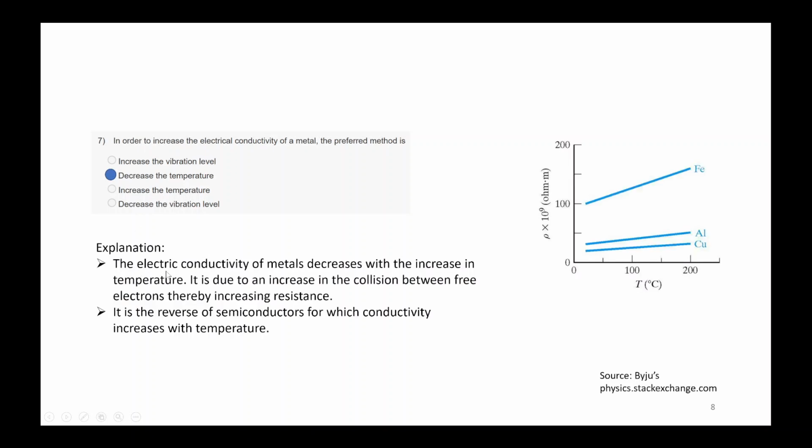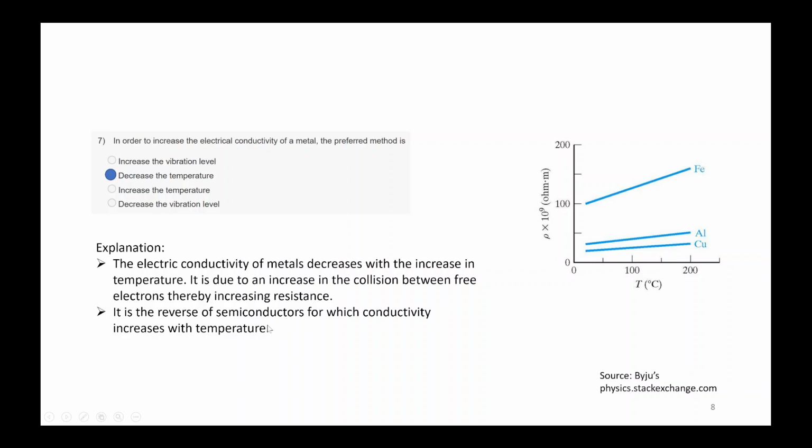Now in case of the electric conductivity of metals, it decreases with increase in temperature. It is due to an increase in the collision between free electrons, thereby increasing resistance. And it is reverse for the semiconductors, for which conductivity increases with temperature, because in case of semiconductors more electrons become free to move.